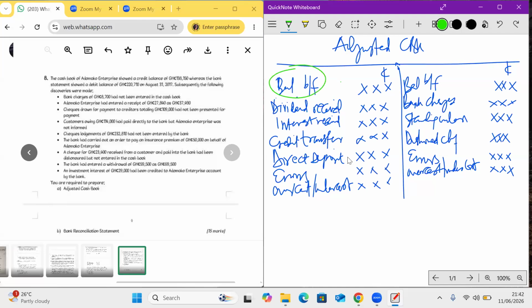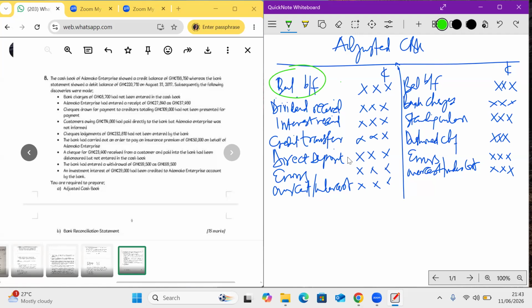When they closed off the original cash book, the balance brought down was on the debit side. In the adjusted cash book, we also bring the balance forward on the debit side, the same side.